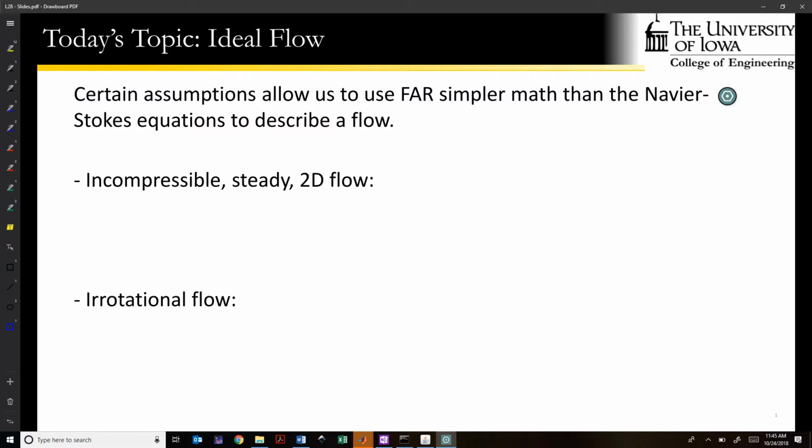All right. But there are certain assumptions that allow us to make use of some really clever, kind of elegant theories. These tended to come about in about the 1800s, early 1900s.